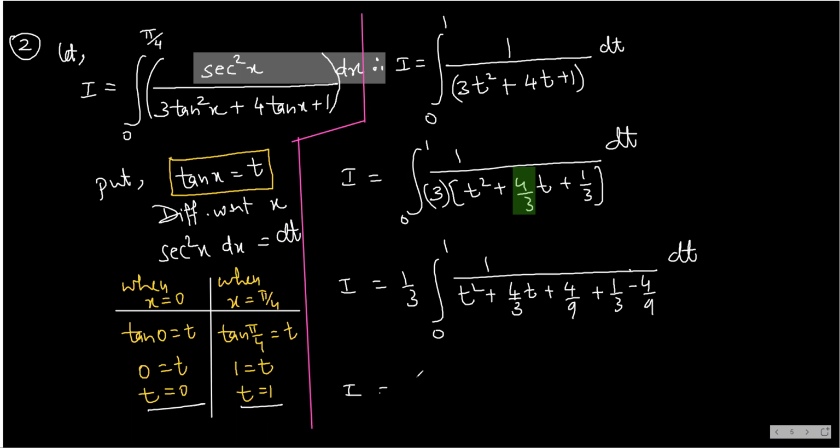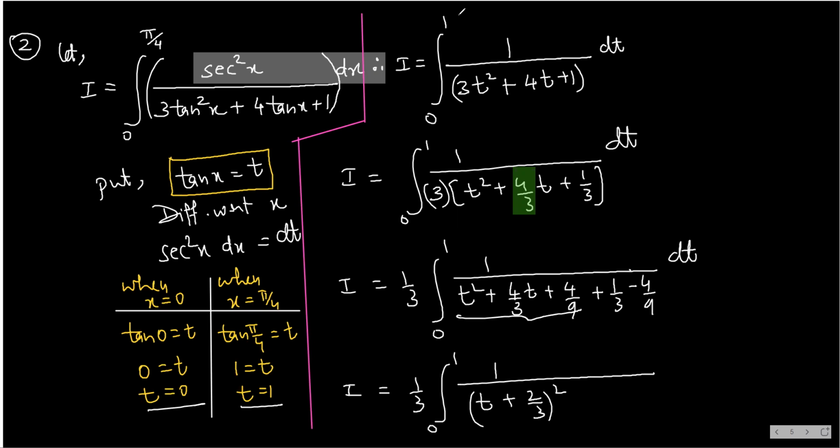So I get I equals 1 upon 3, 0 to 1, and I get 1 upon (t plus 2 by 3) the whole square. The first 3 terms get me (t plus 2 by 3) the whole square. And here I get minus 1 by 9. When you simplify this, you will get minus 1 upon 9. You can check. LCM is 9 and you get 3 minus 4, that is minus 1 by 9.